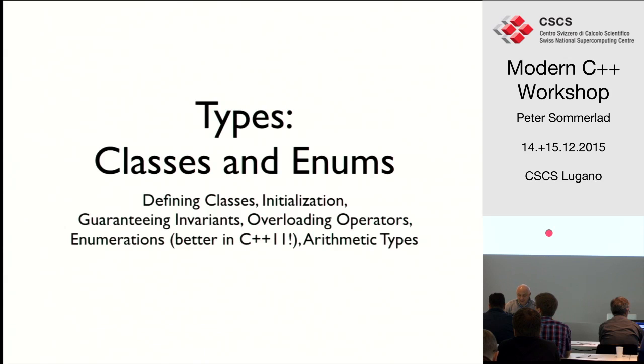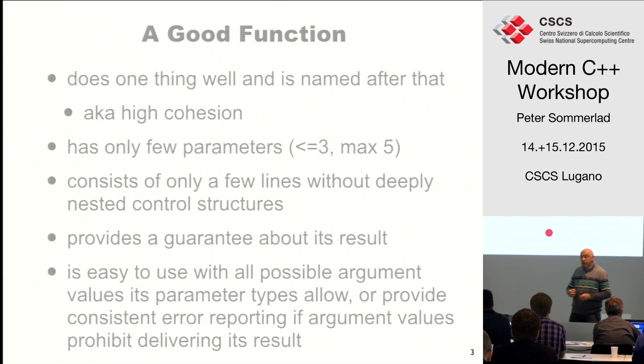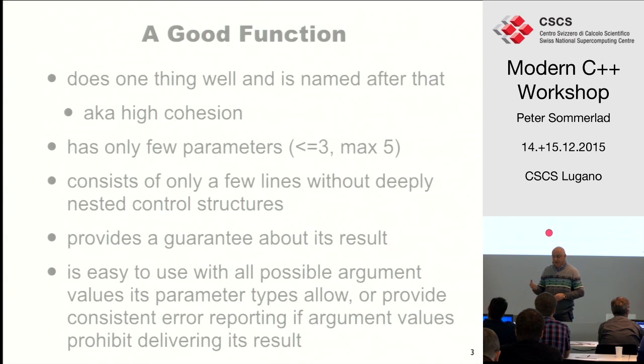Now, I take some slides from my lecture, and it goes a little bit out of scope, but maybe creating functions is one of the means of abstracting things. And abstraction means I have some pieces of code that I give a new name and just use that name from then on. And naming is good, and a good function does one thing well, and is named after what it does, and it has so-called high cohesion.